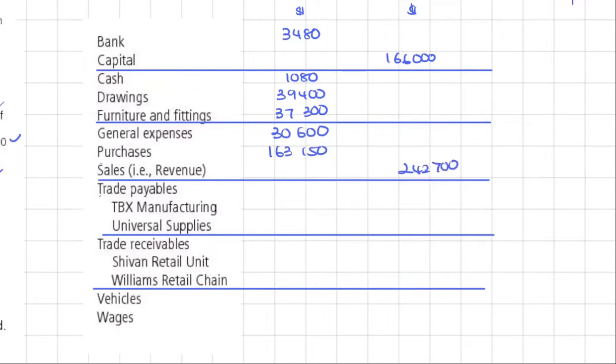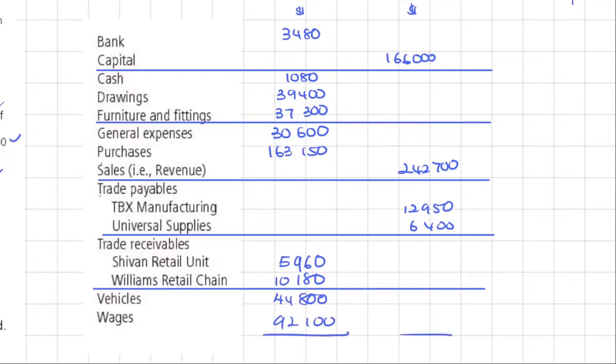Trade payable, TBX manufacturing, none of them settled their account. 12,950, 6,400. If they have settled their account completely, then you just not need to write them into your trial balance. 4,960, 10,180, 44,800, wages 92,100.